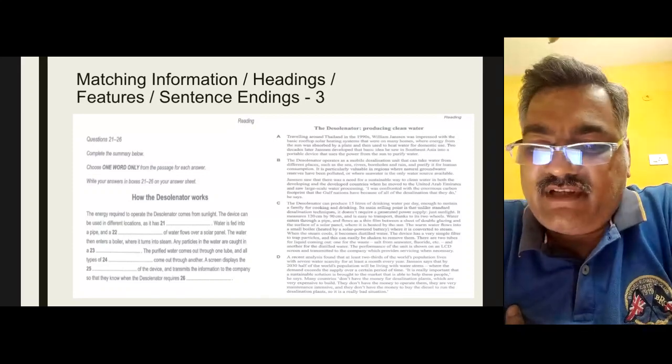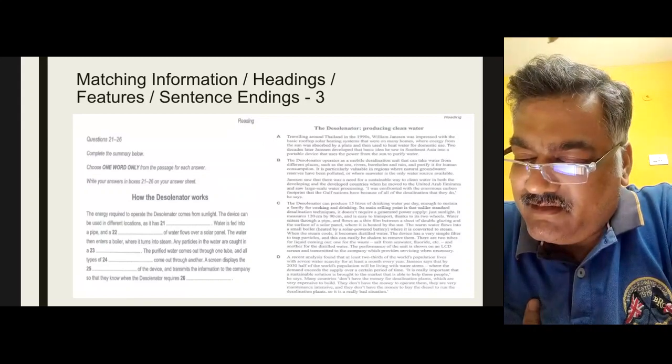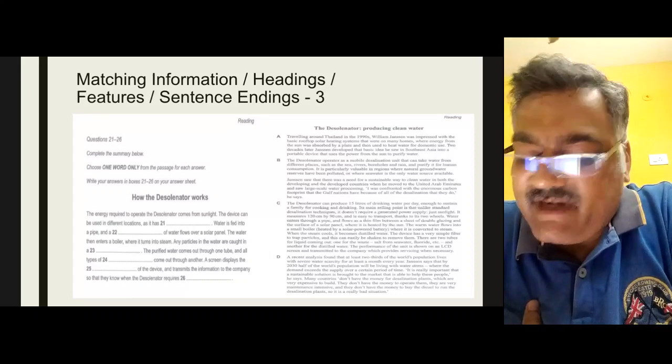Identify the passage and tell me. Just identify the passage. You don't even have to tell me the answer. Where this particular statement is given.